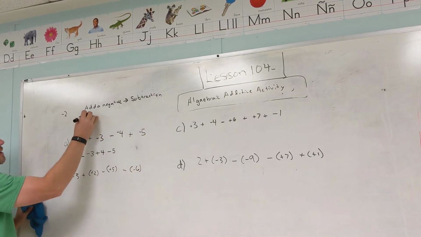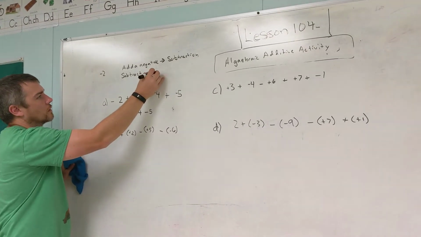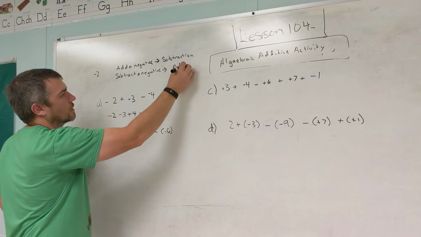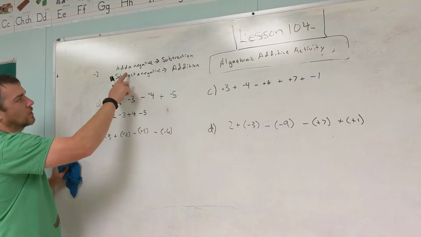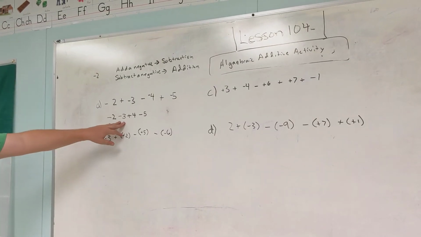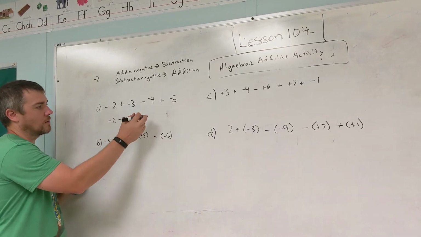When you subtract a negative, that's going to turn into addition. And then, again, when you add a negative, it's going to turn into subtraction. So now we have something that looks a little bit better. We're not trying to figure out what's positive and what's negative. Now we can just go through the problem and figure out what our answer is going to be.